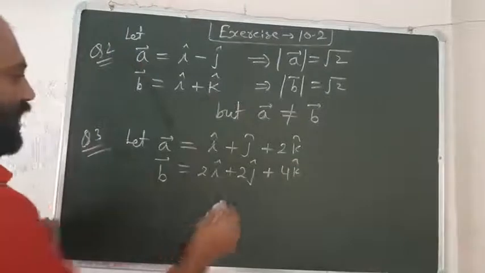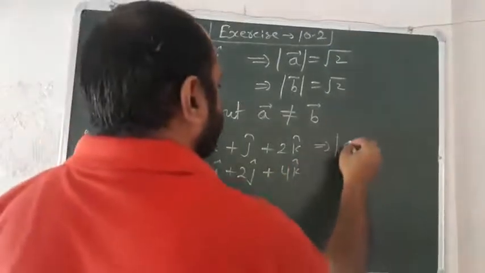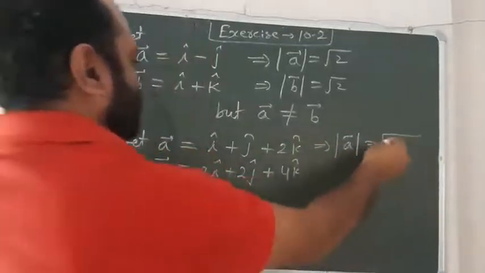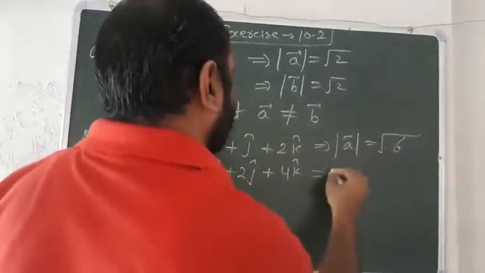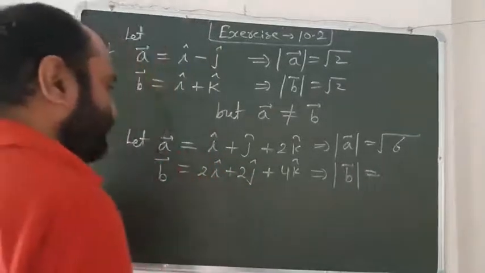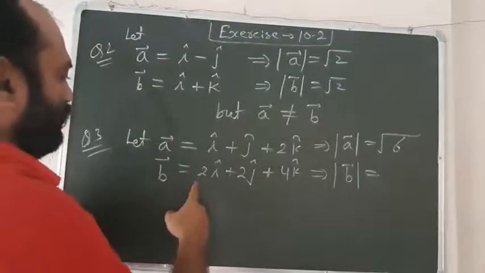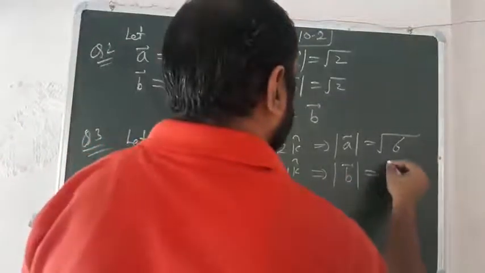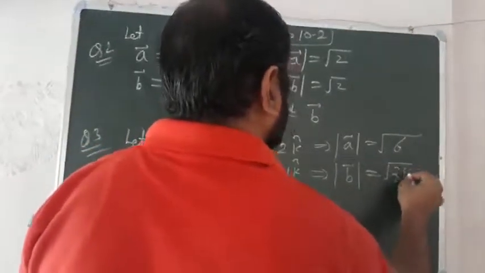As you see, its magnitude is under root 6 and its magnitude is different: 4 plus 4 is 8, 8 plus 16 is 24.